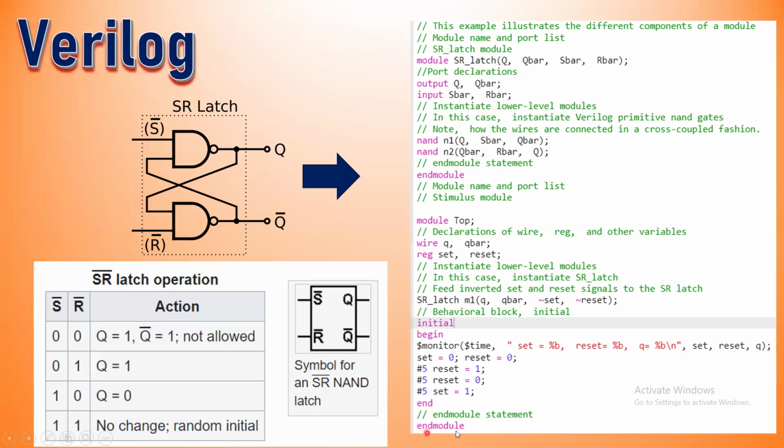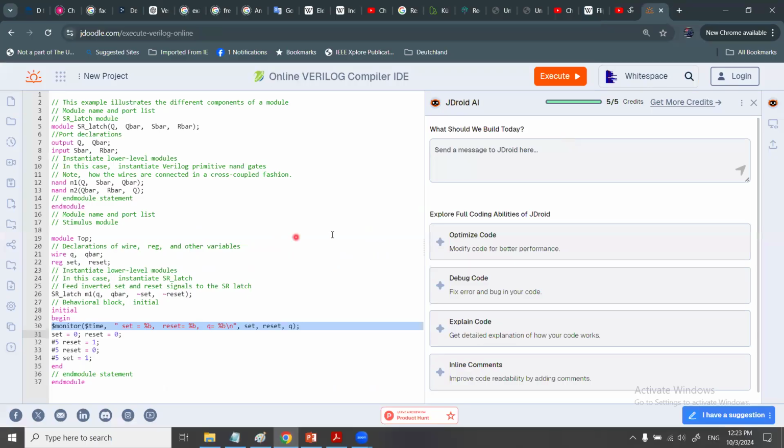And that's the end module. So between begin and end, I have to use this monitor command and then just provide inputs, the stimulus. Once that is done, we can simply compile this code and see how the output is reflected.